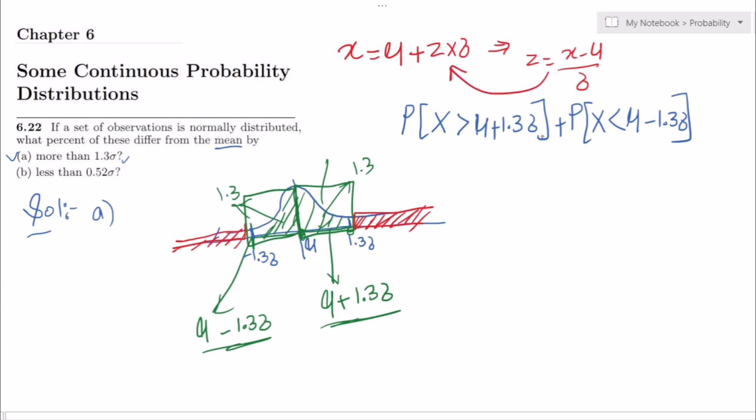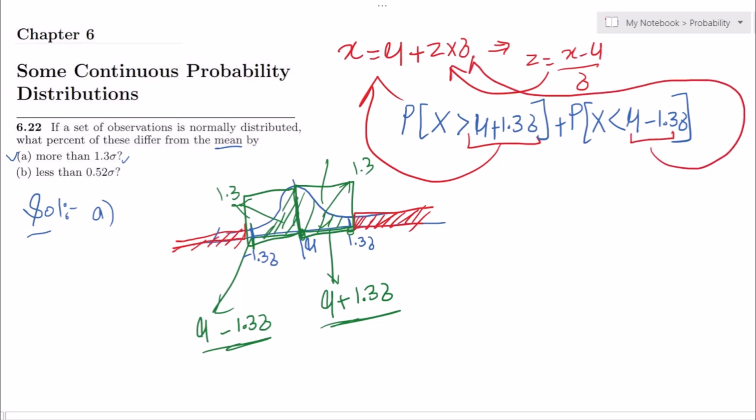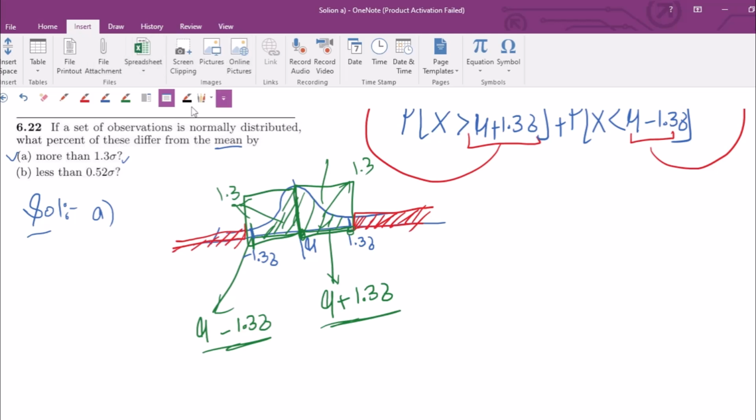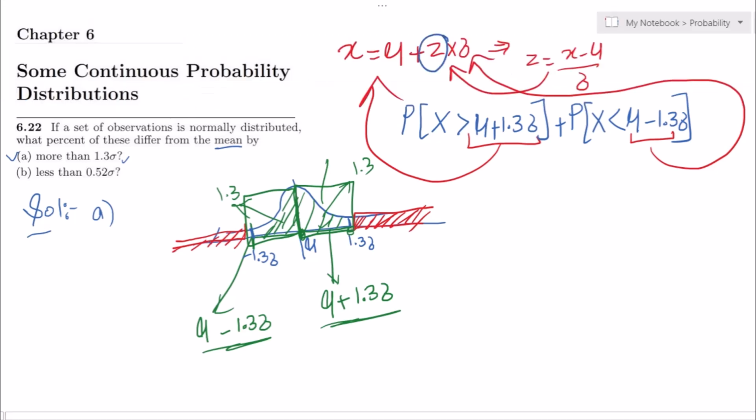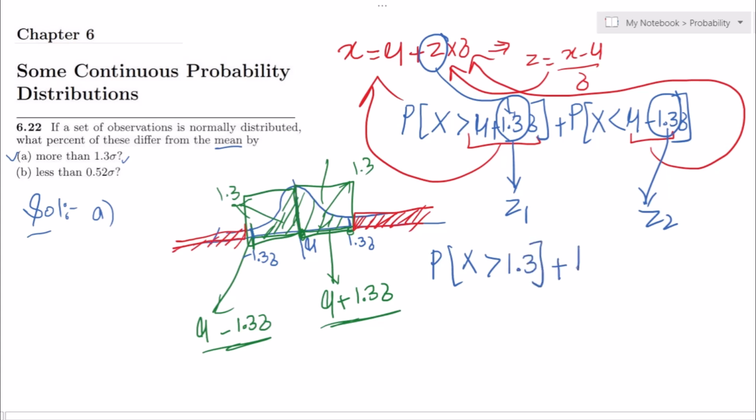Here you can see the similar formulations, and the value of this z is here and the value of another z is here. So let me call it z1 and z2. So it would be the probability that x is greater than 1.3 or z1, plus the probability that x is less than minus 1.3. Okay, these are the probabilities.